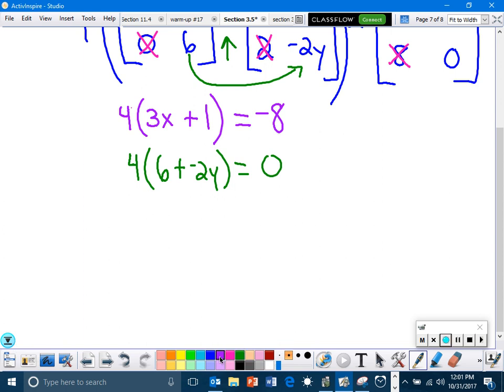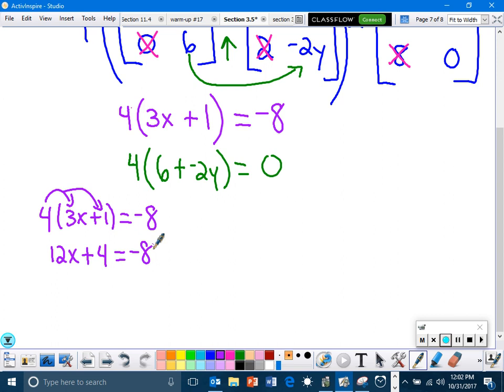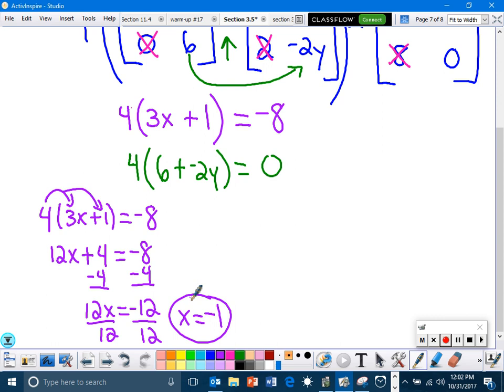All right, let me start with 4 times (3x plus 1) equals -8. I'm just going to solve it without talking. You should be able to solve these pretty easily. Here we go. So the first one we solved for x. X is -1.